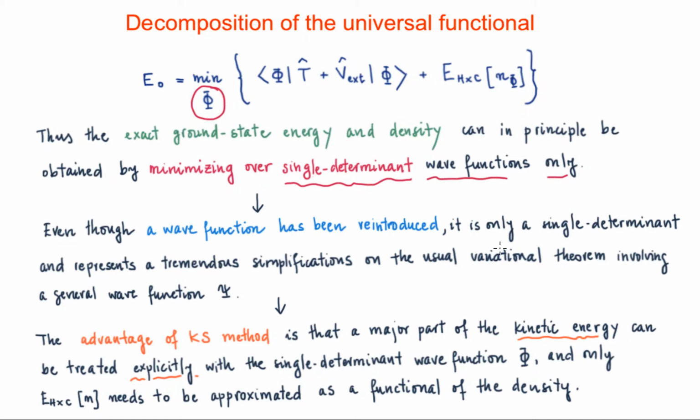So again, it's a single determinant and represents a tremendous simplification on the usual variation theorem, which involves a general wave function. We are not considering here the wave function of a real system, where the expression of this wave function can in general be extremely complicated. Here we are just considering these Slater determinants.